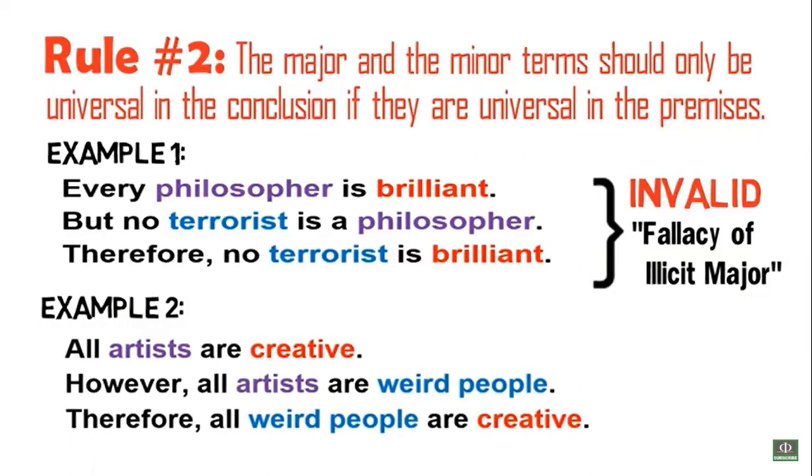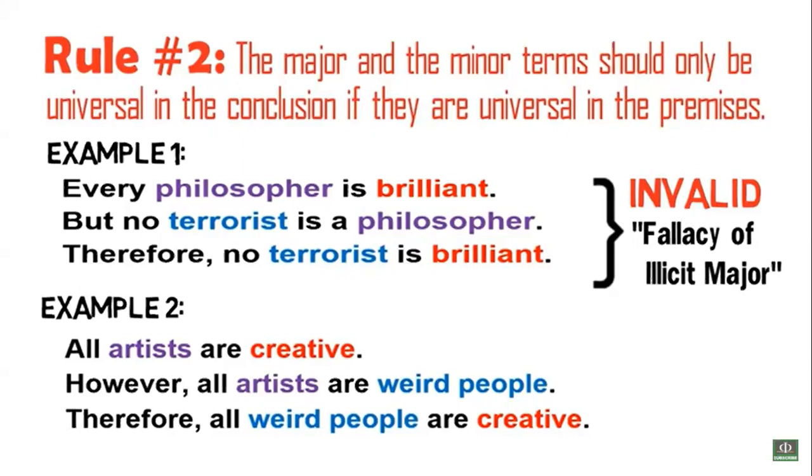As we can see, rule number 2 is applicable only to universal minor and major terms. But if we check the minor term "weird people" in the conclusion, we learn that it is universal because of the universal signifier "all." Since the minor term "weird people" is universal in the conclusion, then it must also be universal in the second premise for the syllogism to be valid.